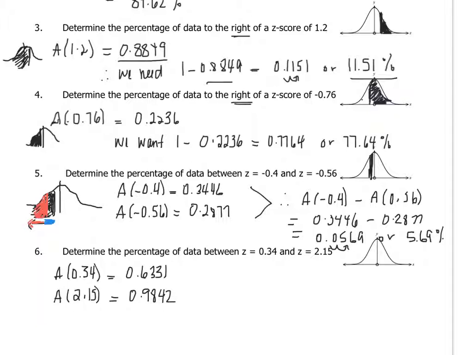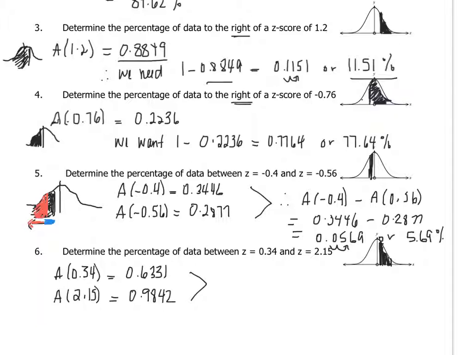And visually what we're looking for is 0.34 would just be above the mean here, and 2.15 would be a fair bit above the mean, and you'd be looking for this portion here, the stuff in between.